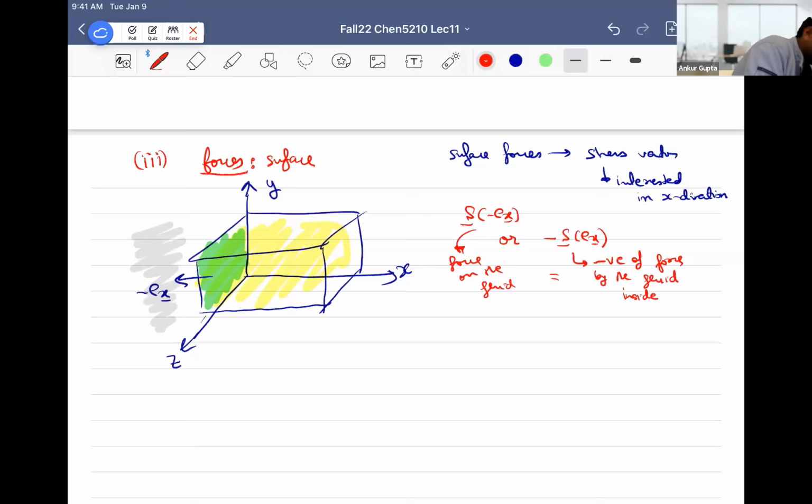So on this surface, basically, I have the force S of minus Ex times delta Y delta Z. Is that all I'll take? Is that what I'm looking for right now?